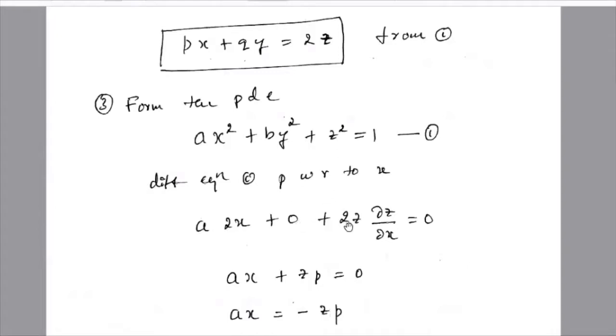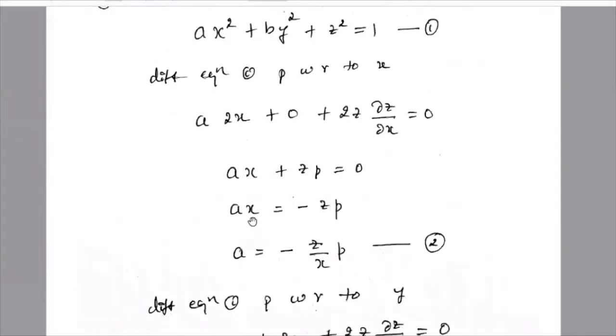The z square derivative is 2z into dou z by dou x, and the right hand side 1 has derivative 0. 2 gets cancelled: ax plus zp equals 0, or you can write this as ax is equal to minus zp, or a is equal to minus z by x into p.